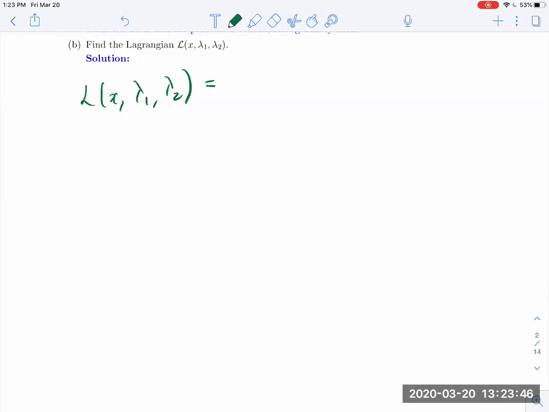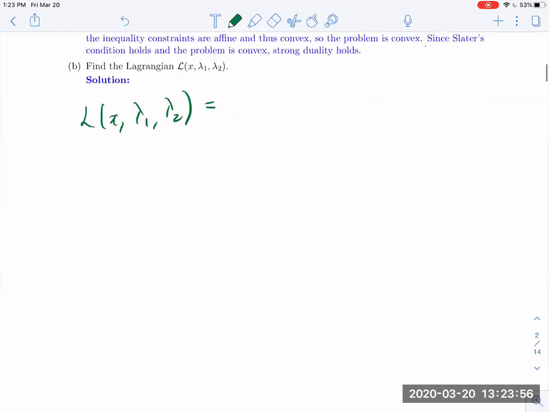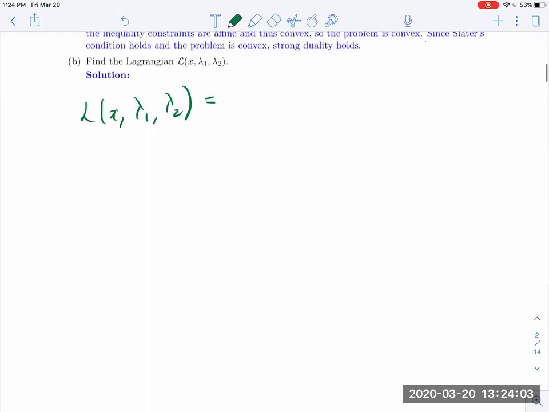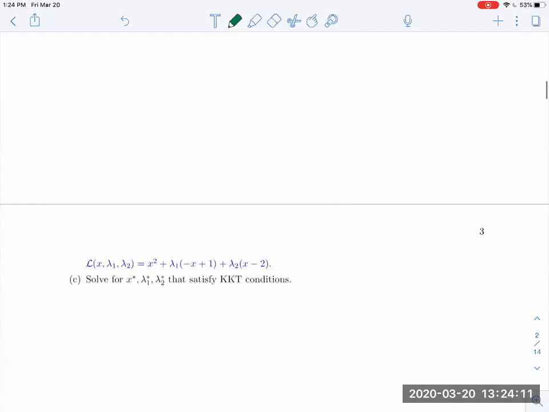Anyone? Do you want to just give the answer? Yeah, for this part you can just share your work, because there's not much to discuss, right? Yeah. So for this one, the Lagrangian is f naught of x plus lambda 1 times f1 of x plus lambda 2 times f2 of x, and we defined f1 of x and f2 of x above, when we wrote the inequalities. Okay, great.